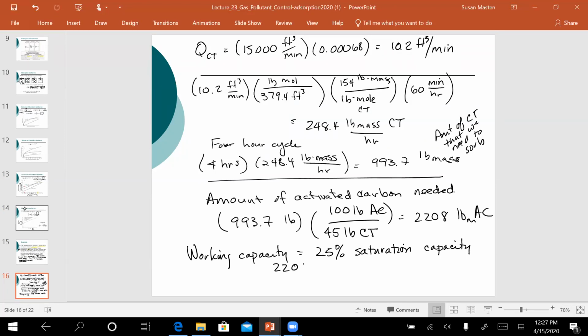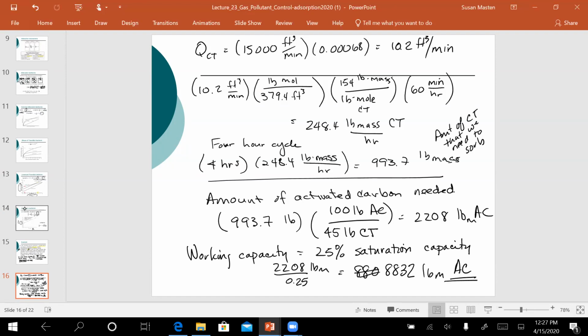So we have the 2,200 pounds, divide that by 0.25, and we need about 8,800 pound mass of activated carbon.